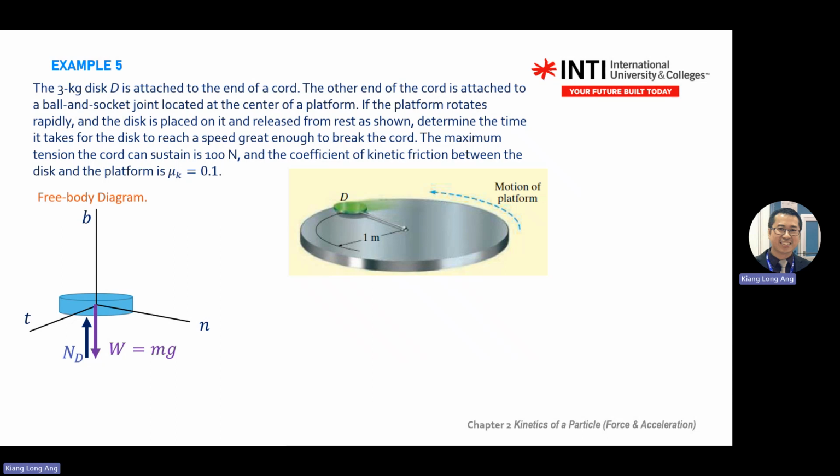Here. Okay. So friction on the body is pointing in this direction. Why? Why this direction?